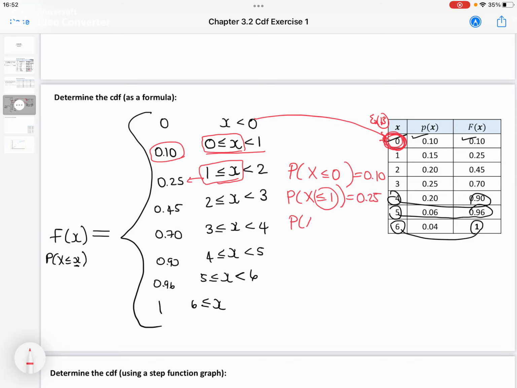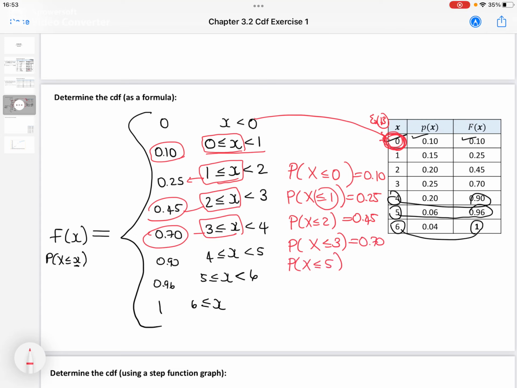That probability is 0.25. The probability that x is less than or equal to 2, where 2 is included in this interval, is 0.45. Now, what is the probability that x is at most 3? Where 3 is included, the accumulated probability is 0.7. And the probability that x is at most 5, where 5 is included, is 0.96.